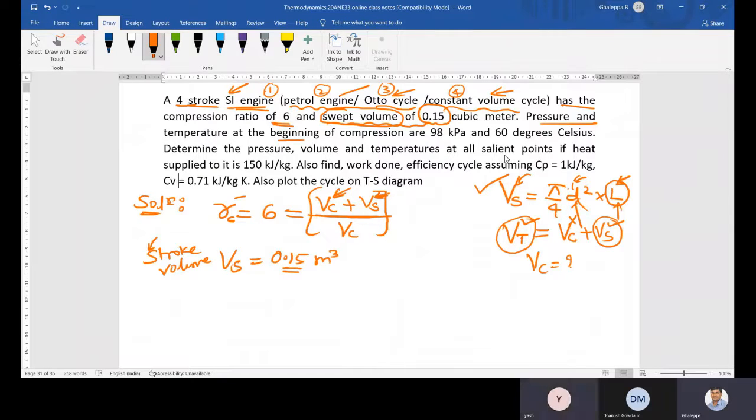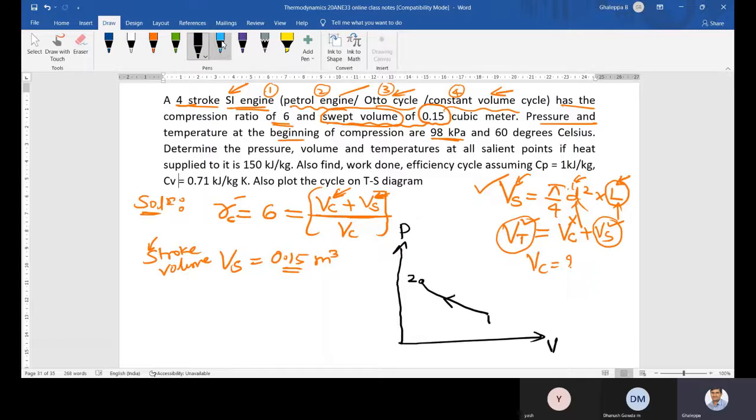Next line, it is important now. Pressure and temperature at the beginning of compression are 98 kilopascal. So now, my dear students, time has come to draw one PV diagram of the Otto cycle, pressure versus volume. 1 to 2 is isentropic compression, that is constant entropy. Here is point 2, here is point 1.